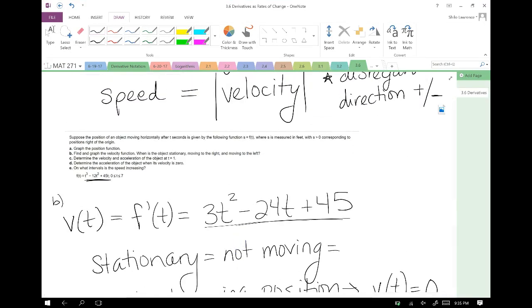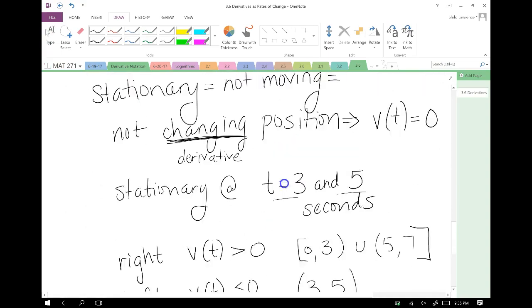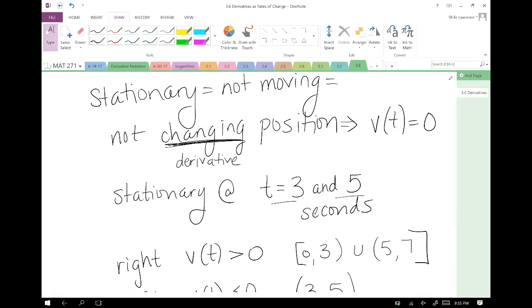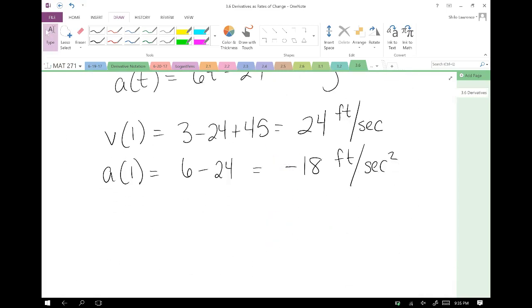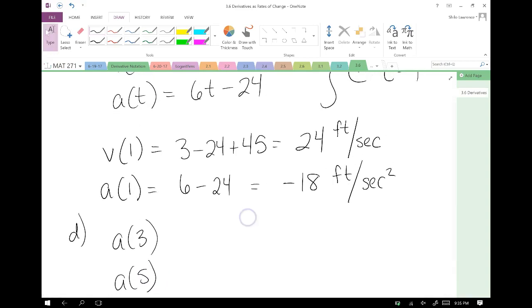Determine the acceleration of the object when its velocity is 0. So we've already figured out when velocity is 0. That's t equals 3 and t equals 5. That's when the object is stationary at t equals 3 and t equals 5. So in part D here, they're just wanting us to find a of 3 and a of 5. Well, we already have an a function. It's 6t minus 24.